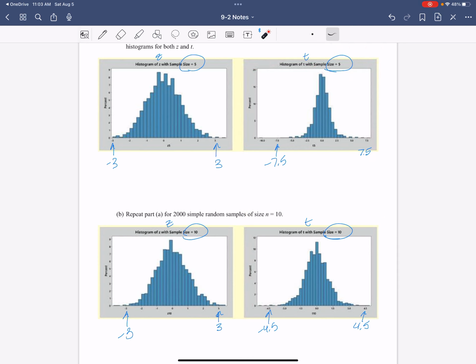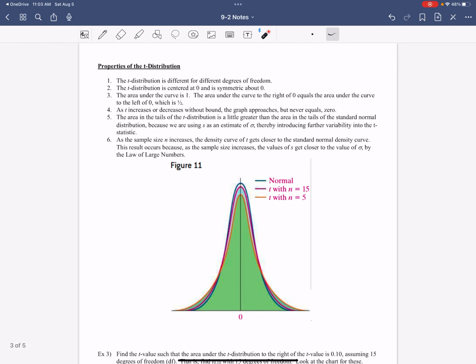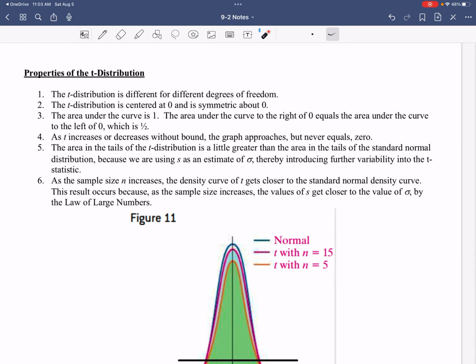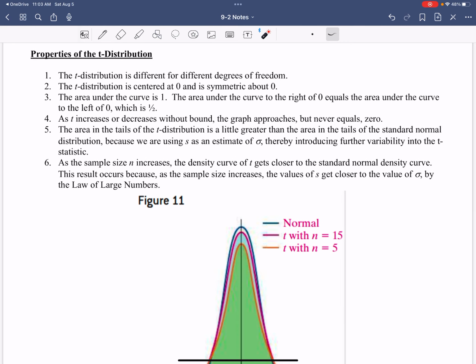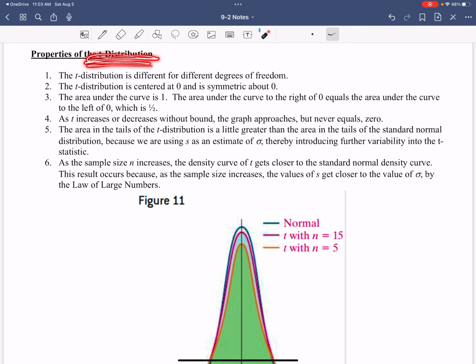That's what William Gossett figured out: this is how things were changing. And that's why we have this T distribution. Based on this, we now have these different properties that we can glean for the T distribution.